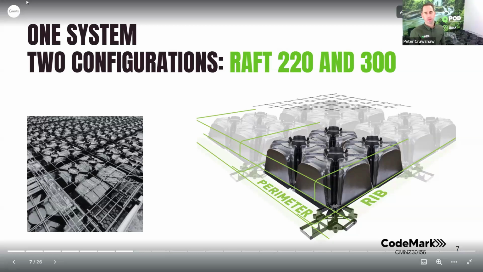Certainly. So we manufacture all the QPOD in Napier, Hawke's Bay. The manufacturing facility is here. We source our recycled plastics from a range of different plastics, mostly recycled polypropylene, and then also recycled PET, which is your soft drink bottles.